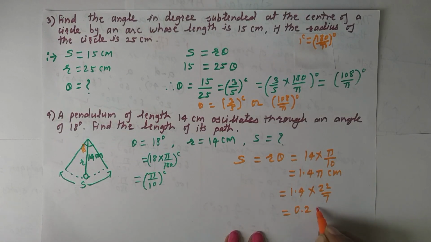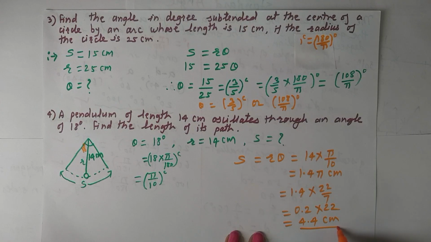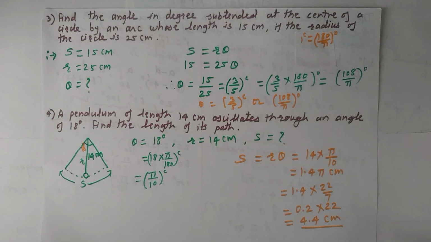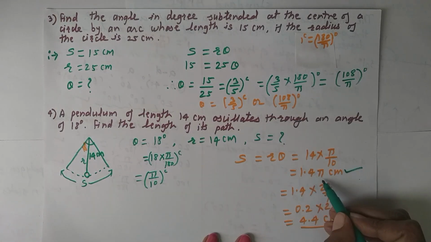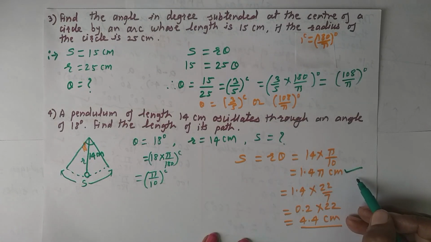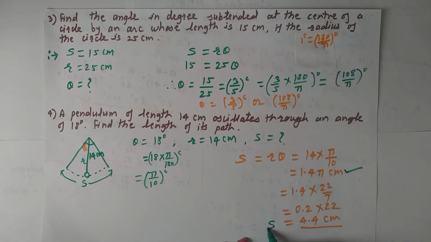This is nothing but 0.2 into 22 and you will get 4.4 centimeter. In this way, either you write down the arc length or length of path as 1.4 pi centimeter, or if you keep the value of pi as 22/7, then you will get arc length S is equal to 4.4 centimeter.